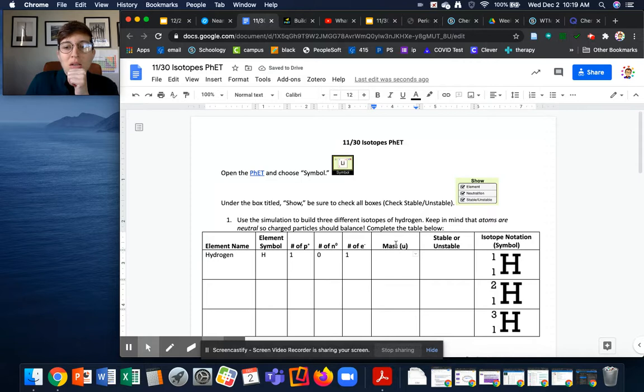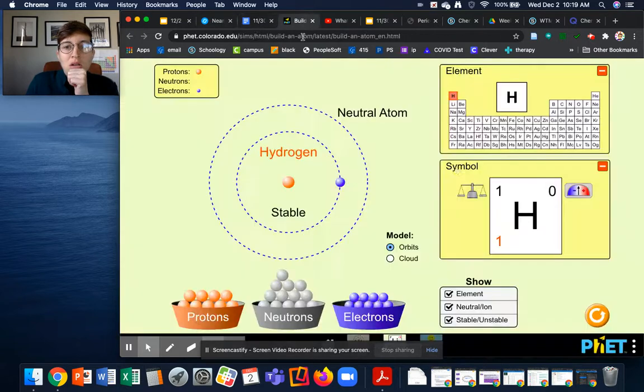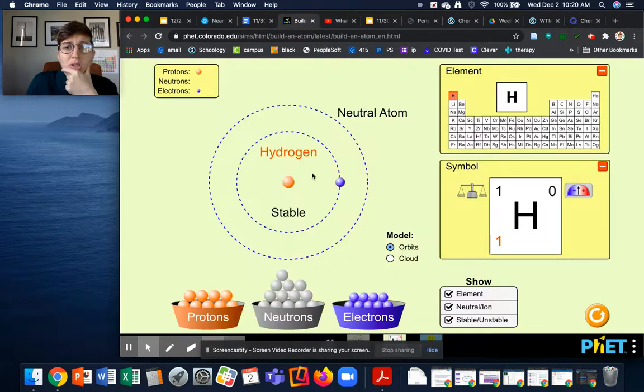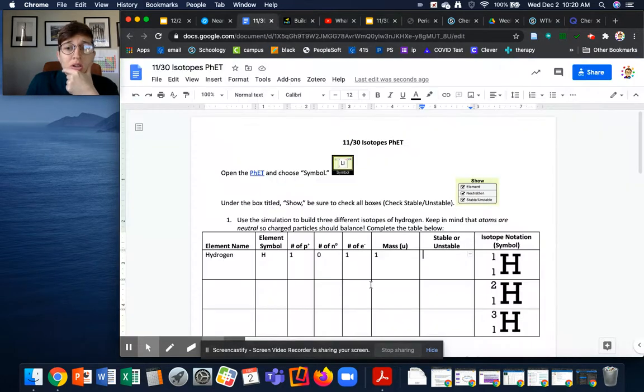Mass, okay, we are going to find this symbol here is like a balance. So this is our mass number, the one in the top left. Our mass number here is 1. Okay, and is this stable or unstable? This one looks stable to me, so we are going to put stable.